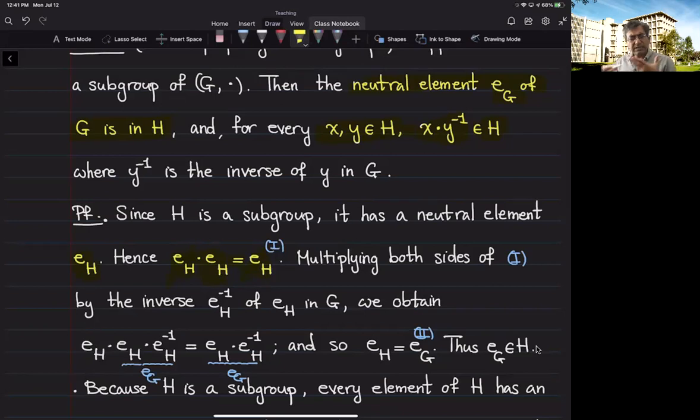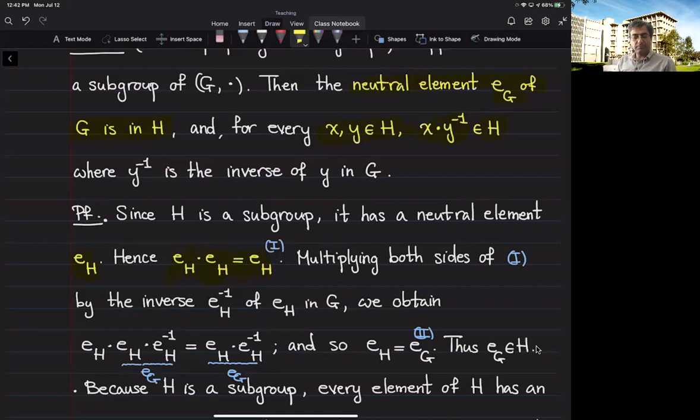To make this cancellation property and this step more clear, let's redo the proof of the cancellation law. That means we essentially multiply both sides of this equation 1 by the inverse of E sub H. So let's multiply from right or left, it doesn't matter. Let's multiply it from the right.